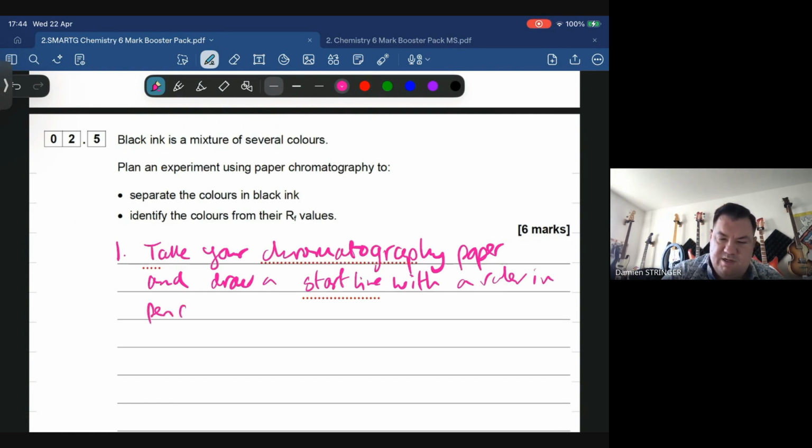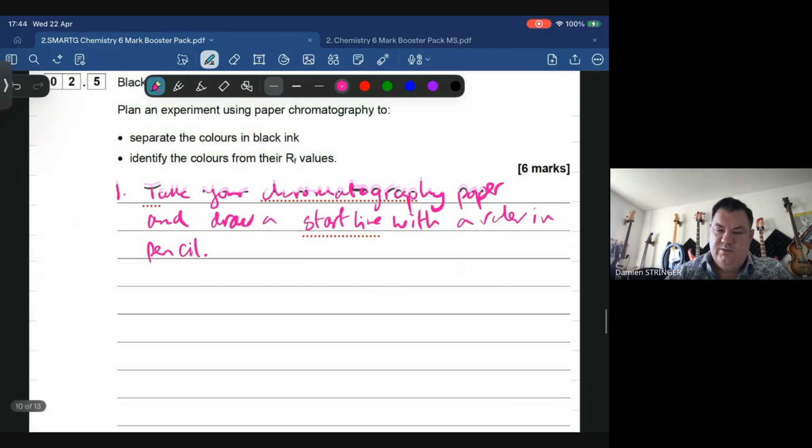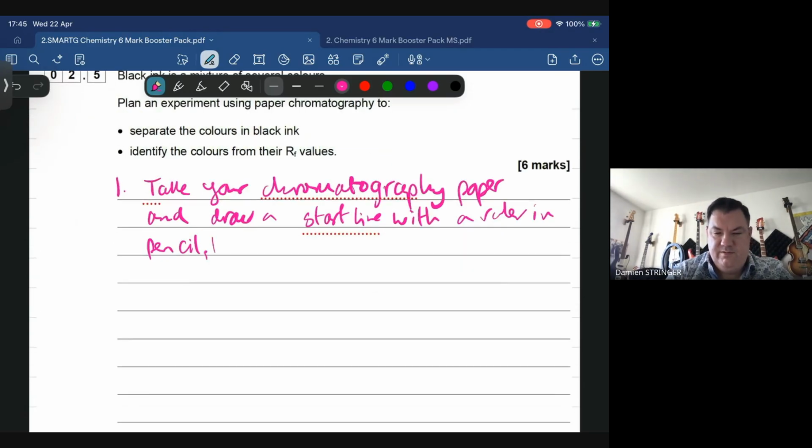Now, because I've done so many of these and I know what mark schemes like to have a go at, they'll want to know why you've done it in pencil. So you would say, because pencil doesn't run.